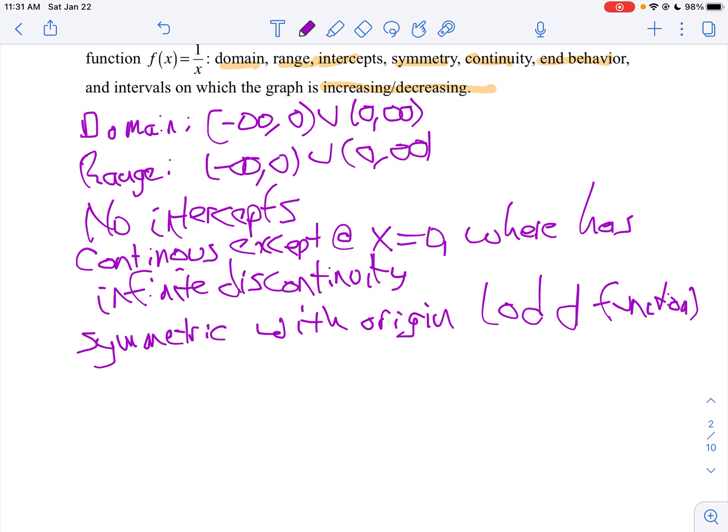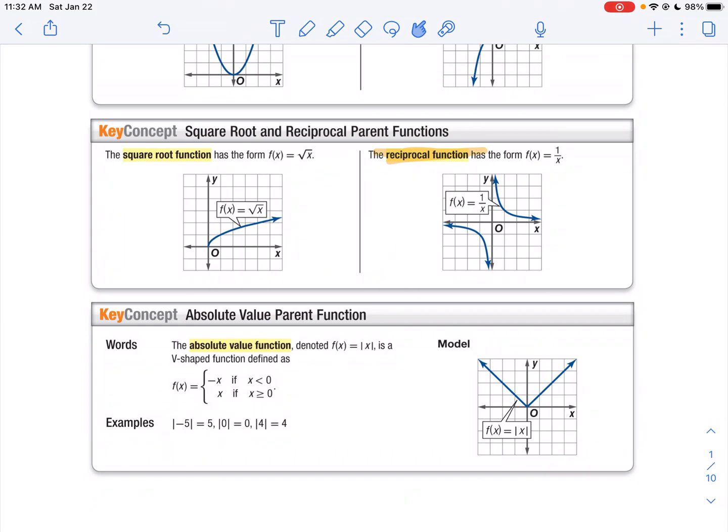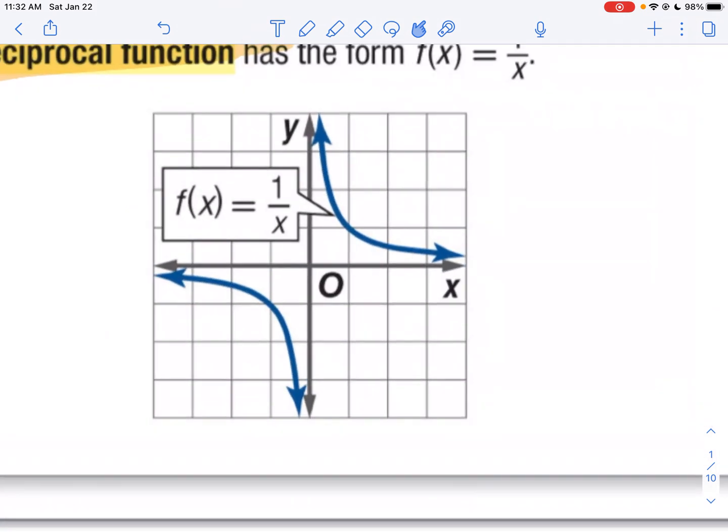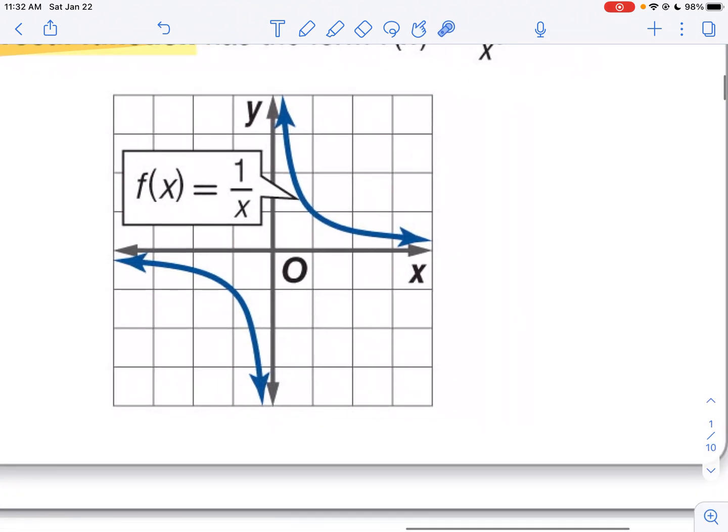Now let's describe the end behavior. Remember, that's what it looks like as it approaches really, really big x and really, really small x. As x gets really, really big, it approaches 0. As x gets really, really small, negative infinity, it approaches 0.